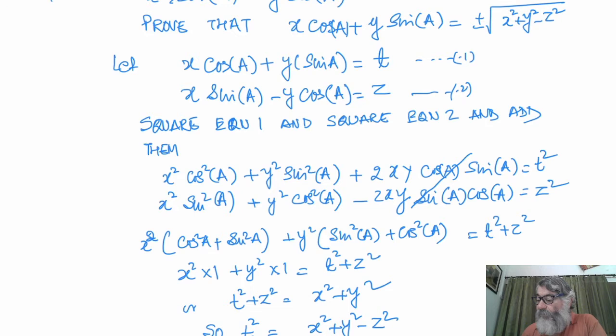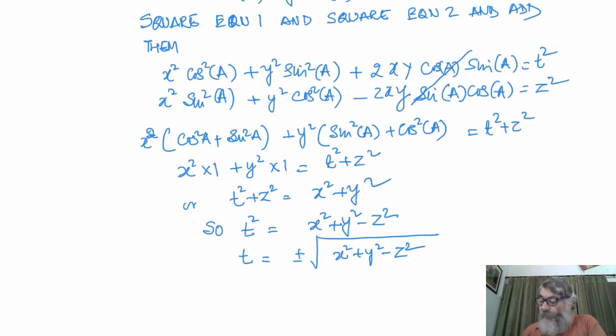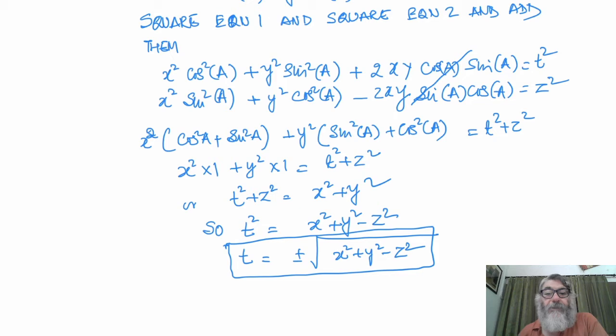That is what we wanted to prove. So t is equal to plus minus under root x square plus y square minus z square.